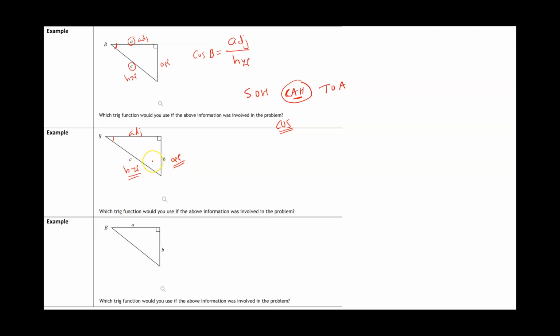In SOH CAH TOA, I have to think about which trig function relates the opposite and the hypotenuse, which is sine. So sine of angle B is going to be the opposite divided by the hypotenuse. This next one, let's do in class.